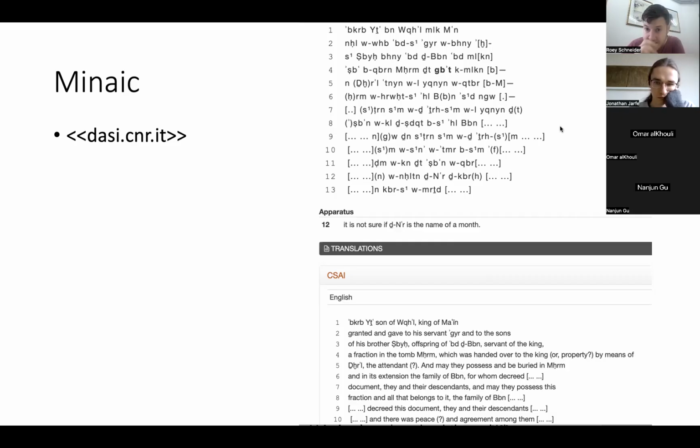You can see a few of the features here. So for example, this N at the end, but this is of course reconstructed, but you can see it here, for example. So this has raised many questions among Old South Arabian scholars.